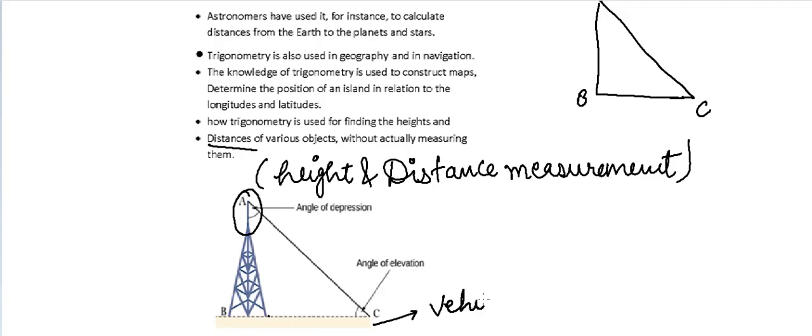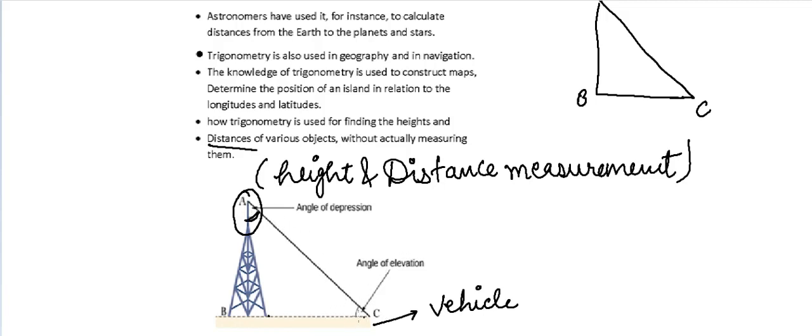Some vehicle is there. He wants to measure the distance between this pole as well as this vehicle. What is the distance between these two? Now to find this distance, here is the angle of dispersion, because it is dispersing.